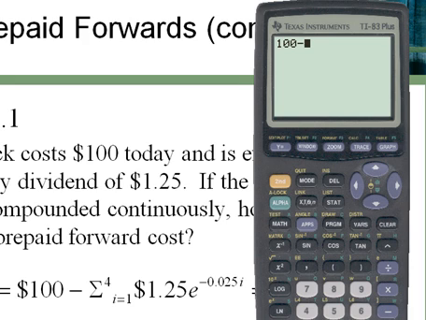The first dividend, $1.25, times the discounting factor, e to the negative 0.1, since 0.1 or 10% is our continuously compounded interest rate. But remember, the first dividend happens 1/4 from today, a quarter of a year, so I'm going to divide that by 4.